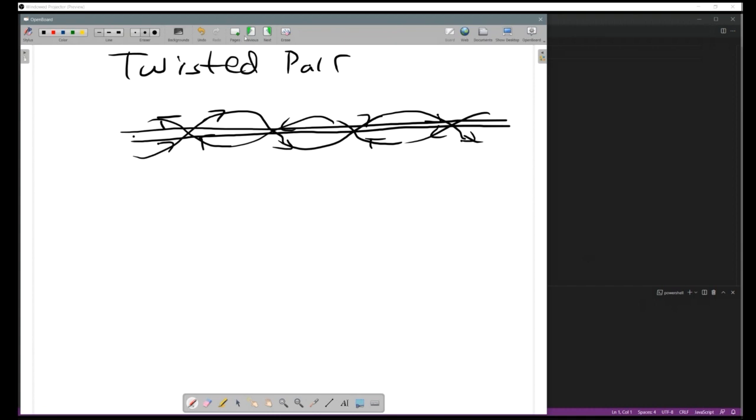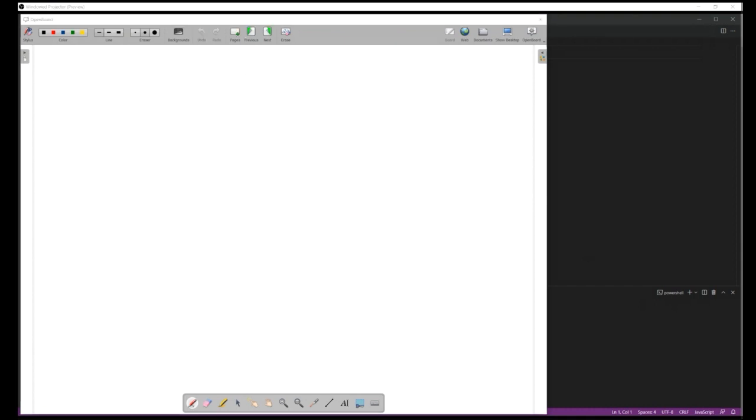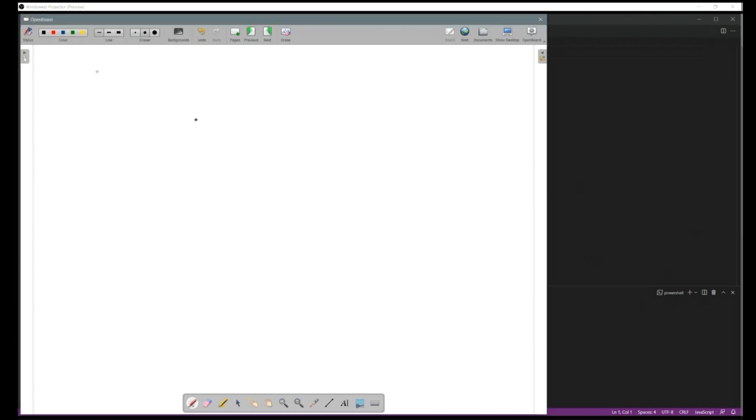So let's go to fiber next. Okay, so next is fiber cables. Fiber cables use light modulation.